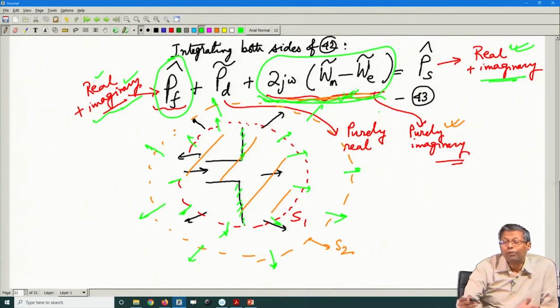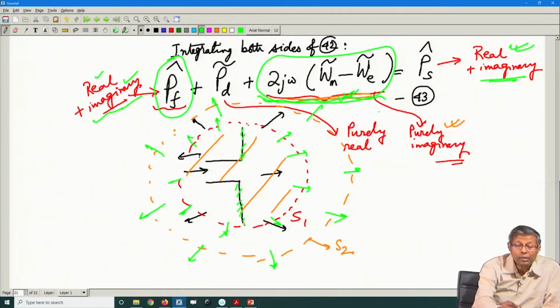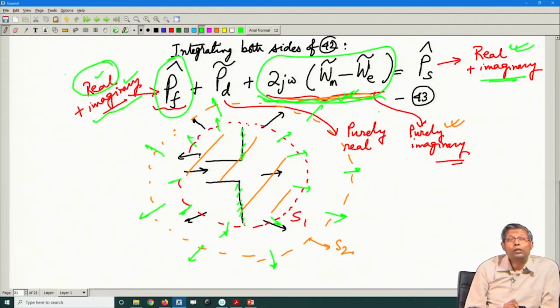You are in the far field region where this power PF cap is totally real. Further increasing this will not increase this, and this will stay real.